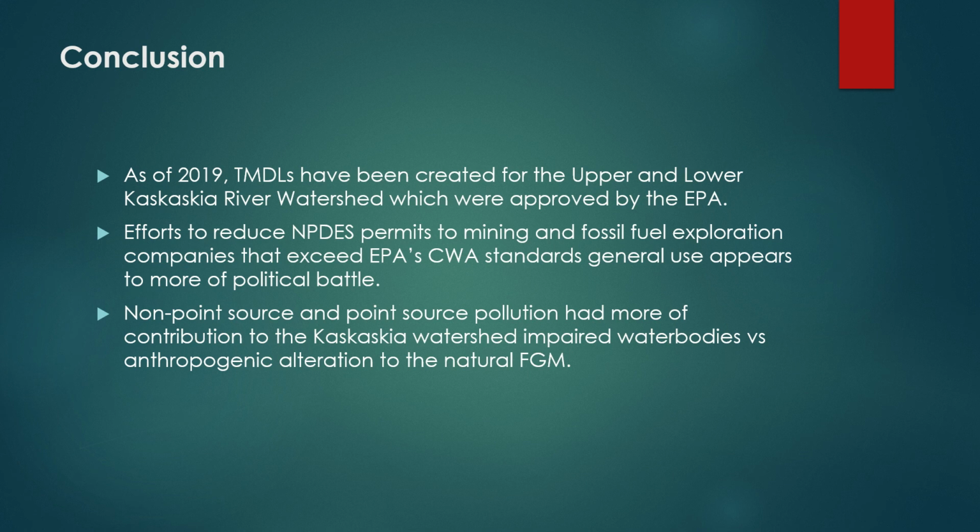So there are definitely water quality issues associated with altering the natural fluvial geomorphology. Increased concentrations of certain pollutants and certain nutrients have been found in certain studies, but ultimately the biggest contributor to the impaired water bodies was non-point source and point source pollution.